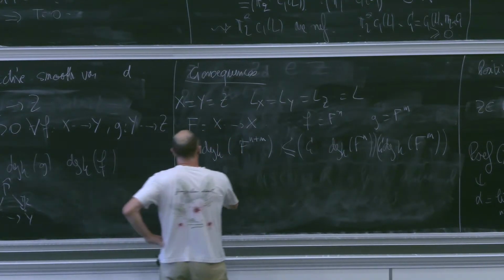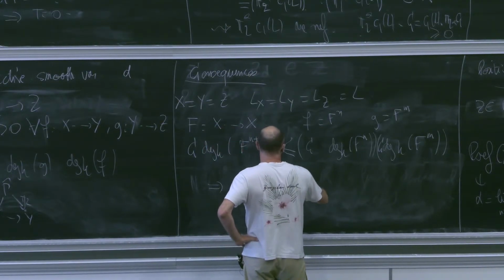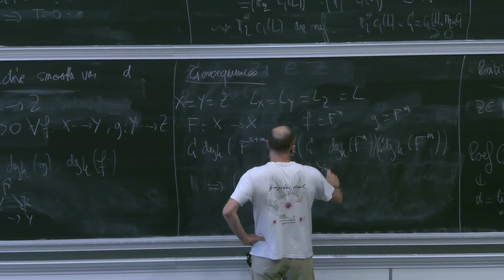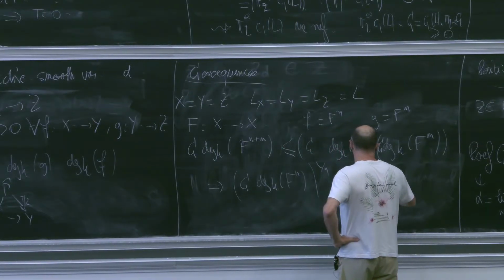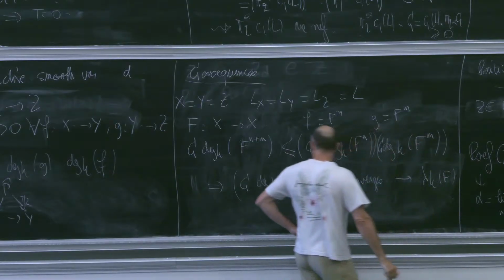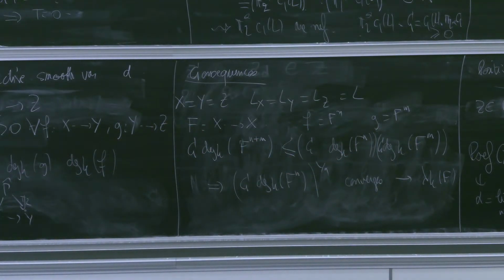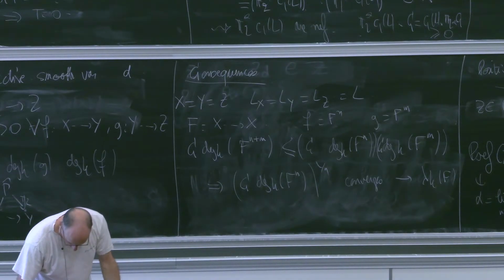This means that the degree k of F^n to the power 1 over n converges, and its limit is this famous lambda k. Now c to the power 1 over n tends to 1, so you get what you want. We have the dynamical degrees.